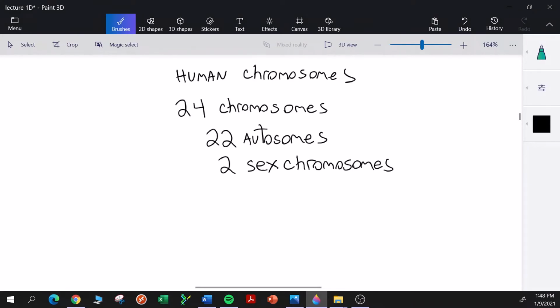The 2 sex chromosomes are named X and Y. And an autosome is any chromosome that is not a sex chromosome, any chromosome that is not a sex-determining chromosome. The 22 autosomes in humans are named by numbers. So they're 1 through 22.